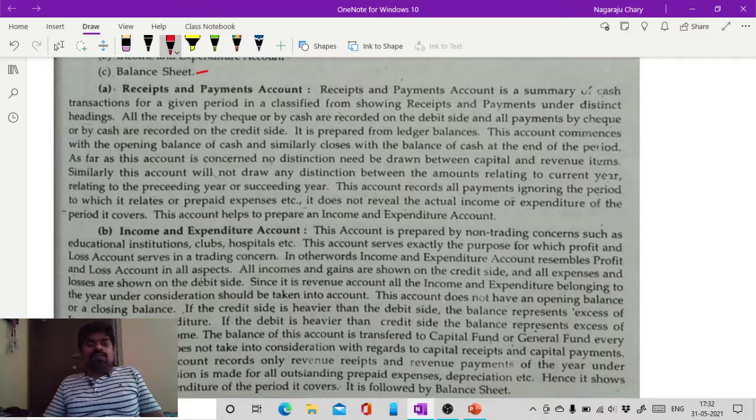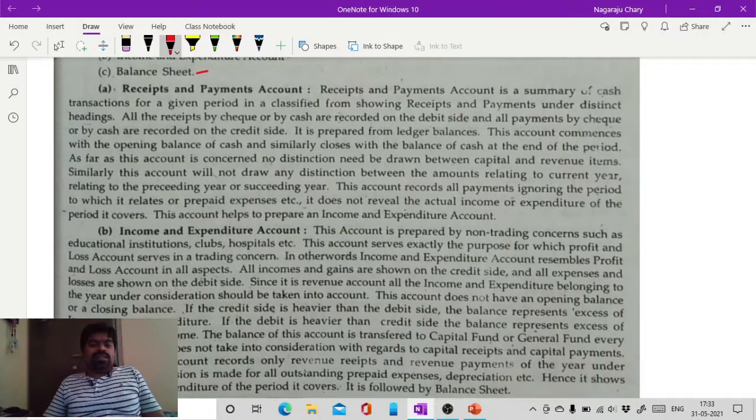The same is to be followed here also. So that's why it is cash account in nature. Cash transactions of a given period are classified by showing receipts and payments under distinct headings. All the receipts by check or cash are recorded on the debit side.